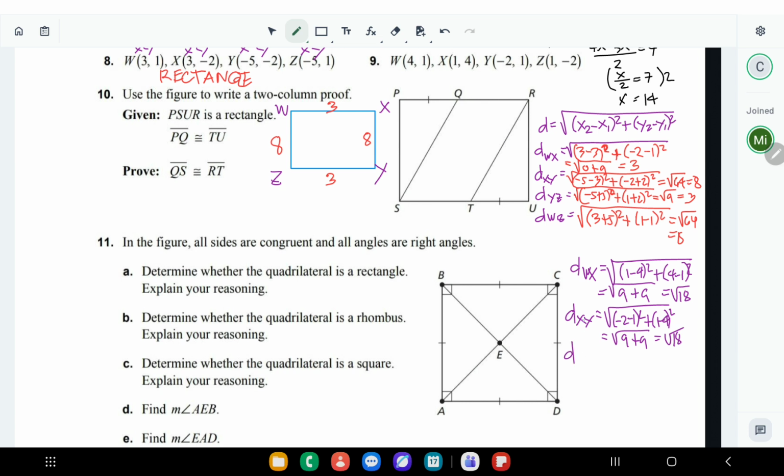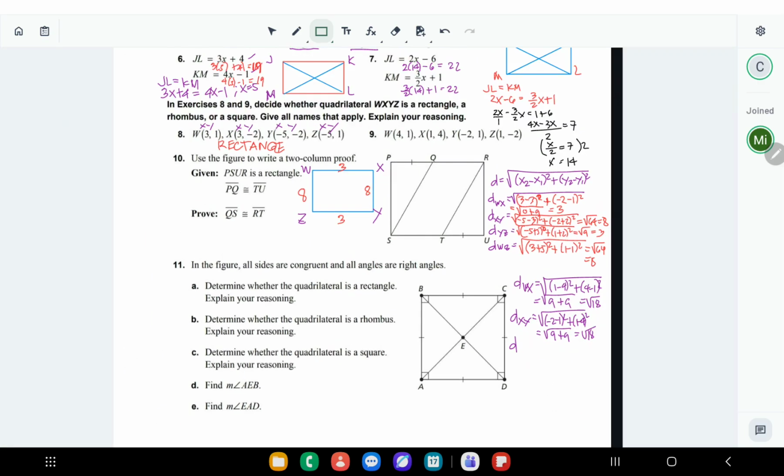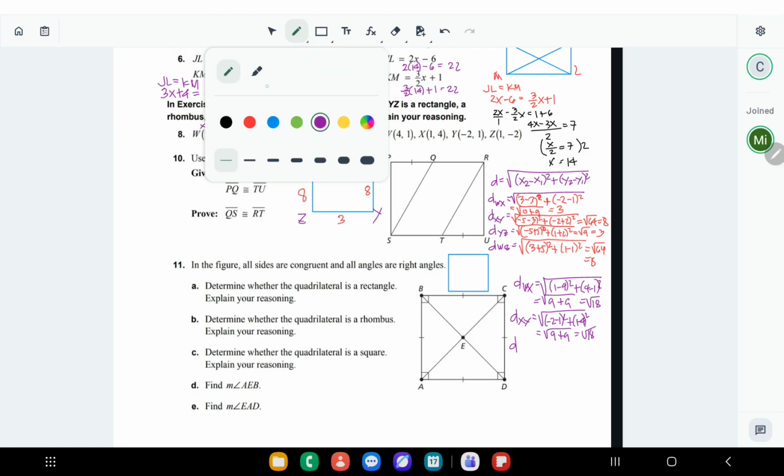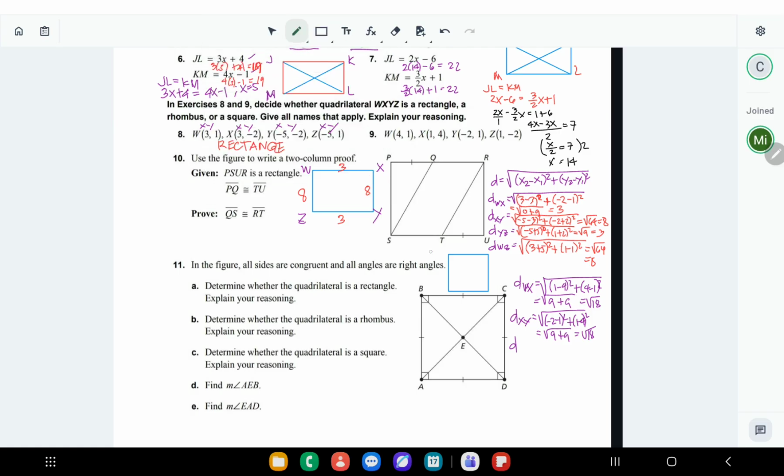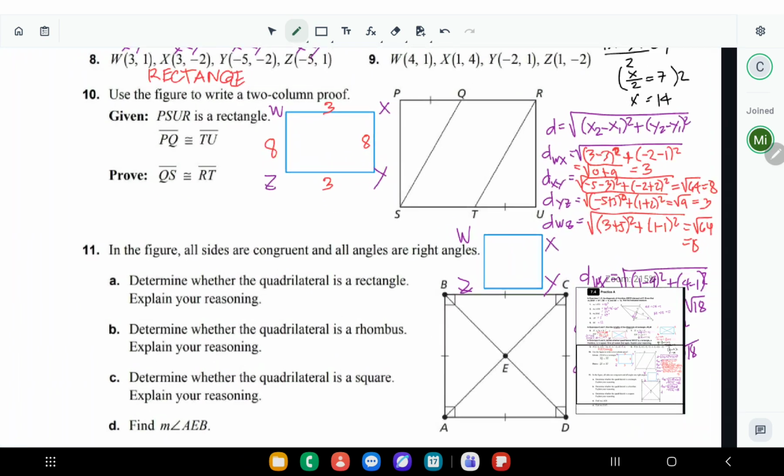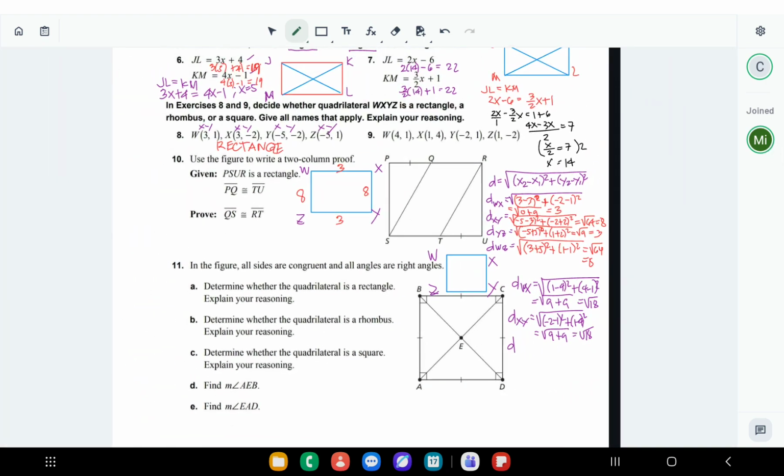Then let me draw the other quadrilateral here at the bottom, because there's no more space. So this is W, X, Y, Z. Now the distances WX, XY, YZ.